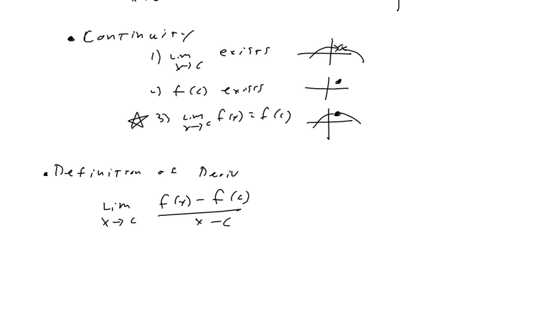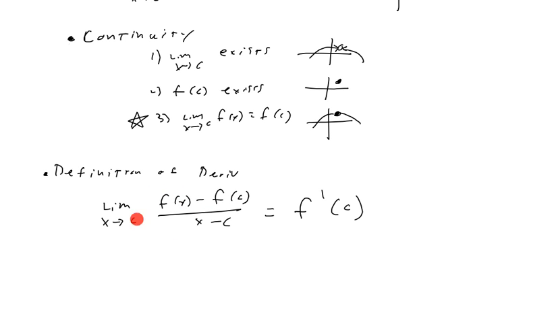It's basically a slope, like rise over run, and this is equal to the derivative at that point c. This is the limit definition of the derivative.